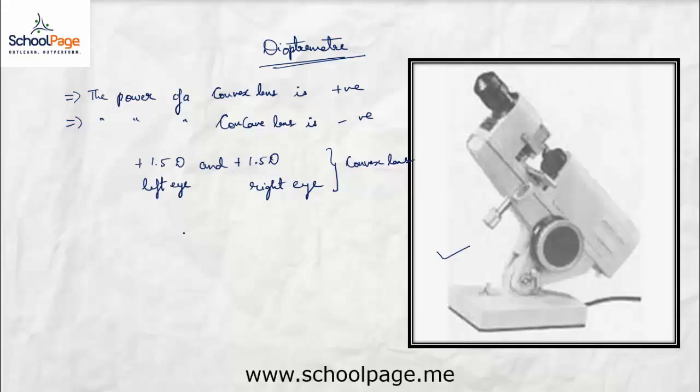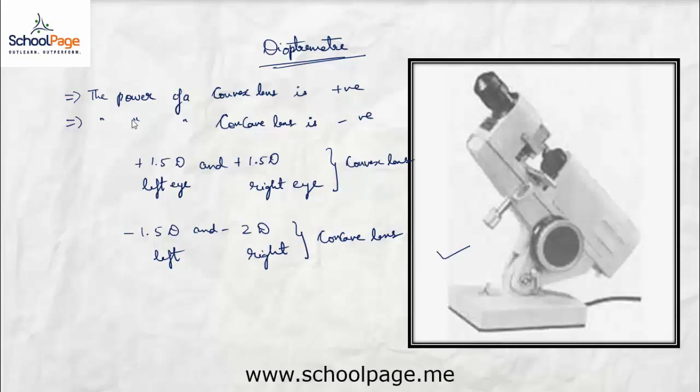And if the optician had prescribed the corrective lenses of say minus 1.5 D and minus 2 D for left and right, here he actually refers to the power of concave lenses required for making spectacles.